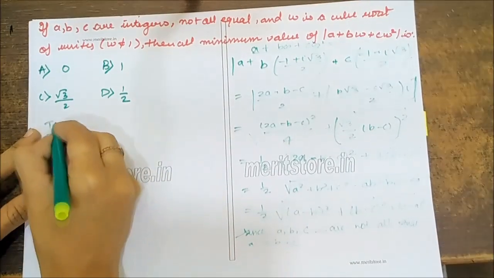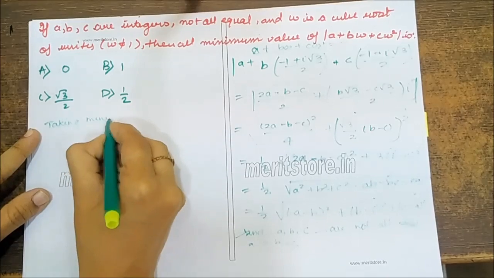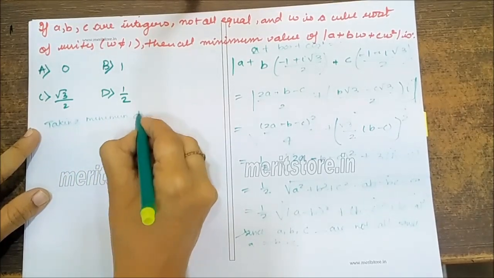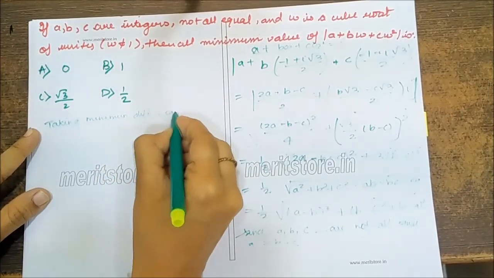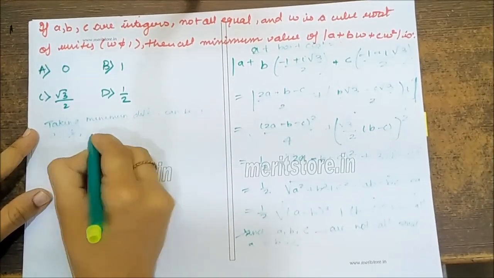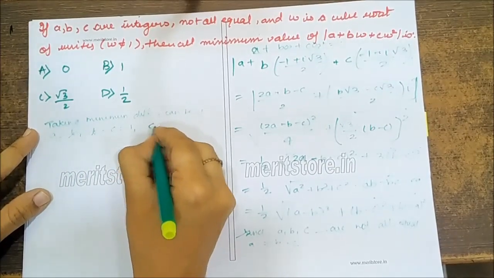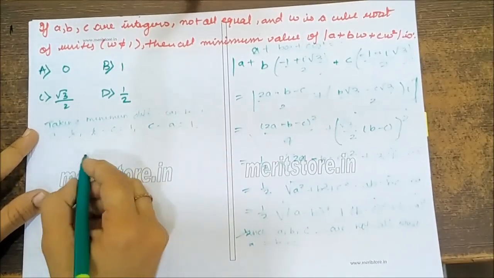So taking the minimum, the difference can be 1. So let's say if a = b, then b − c will be 1 and definitely c − a will be 1.